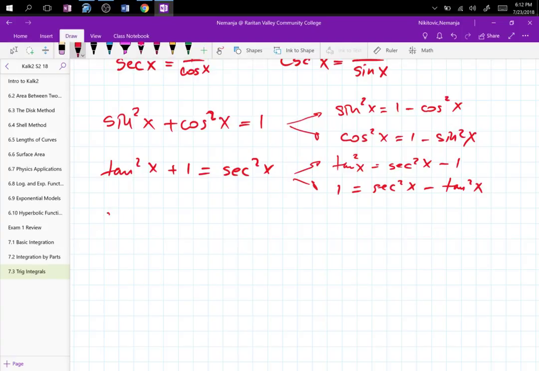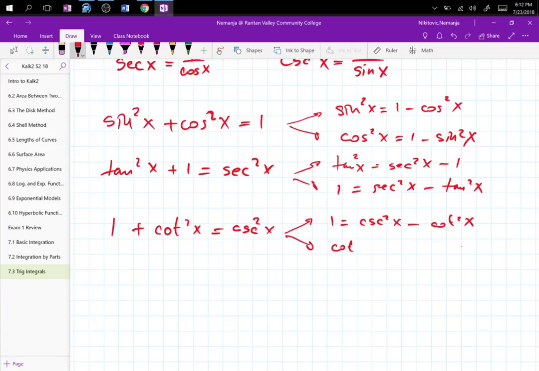And then we have cotangent squared x: if you go back to the original formula and divide everywhere by sine squared, you get 1 plus cotangent squared x is equal to cosecant squared x, which also has two forms, one when you solve for cotangent and one when you solve for 1. So 1 is equal to cosecant squared x minus cotangent squared x, and finally cotangent squared x is equal to cosecant squared x minus 1.